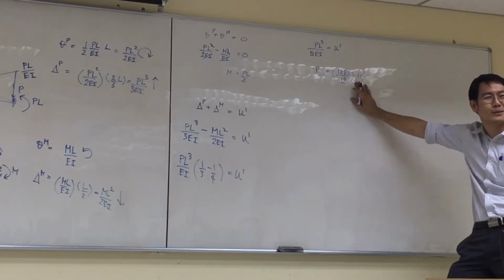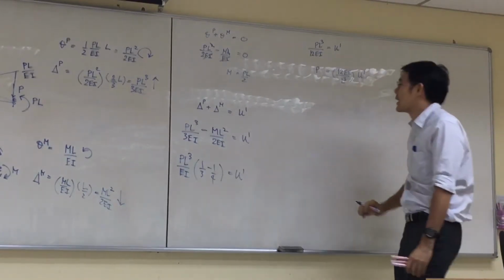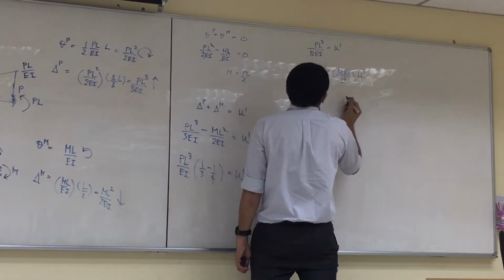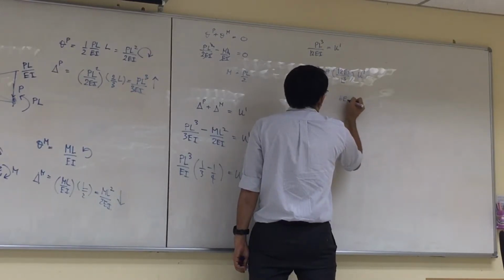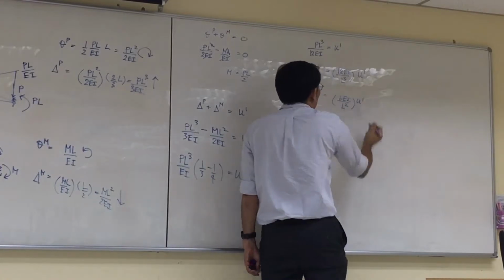You feel familiar with these figures, the 12? Then the M is computed by this. So you have 6 EI divided by L squared multiplied by U1.